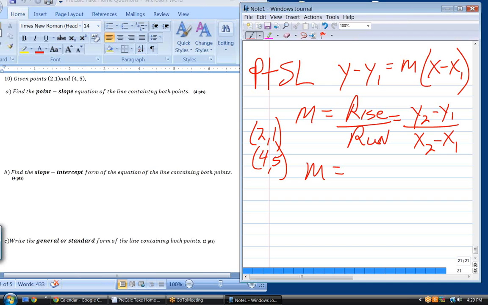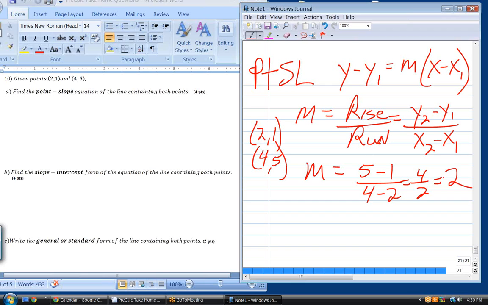Well, thinking about that, y2 would be 5 minus 1 over x2, which is 4 minus 2, which would be 2. So that's our slope.